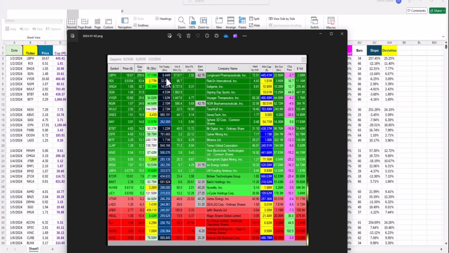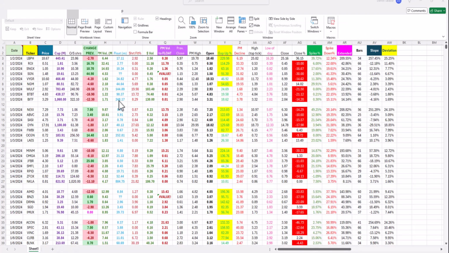The only ones that I track are the ones that have over 1 million pre-market volume at 6:25 a.m. This is LA time. New York time, stock market time, that would be 9:25 a.m. So at 9:25 a.m., anything that has over 1 million volume right at 6:25 and has gapped up over 5%, those are the ones that I track. And this is pretty much it right here.